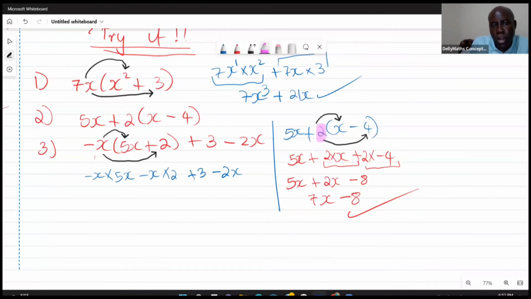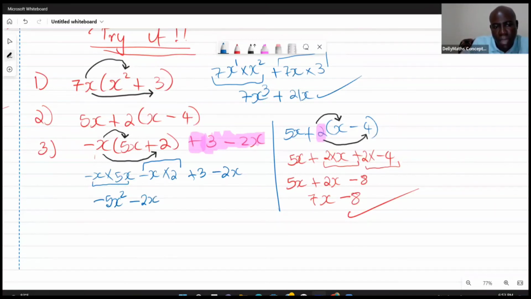These things at the back were not a part of the distribution because you could see that they are not directly linked to the bracket. Now let's continue looking at the pegs that we had for the distribution. That's 1, and there is peg number 2. Let us carry out this multiplication. Negative x times 5x will give us negative 5x squared. Negative x times 2, this will give us negative 2x.